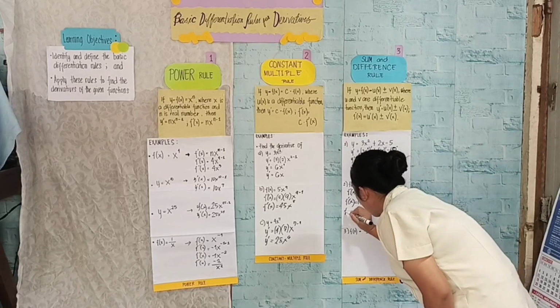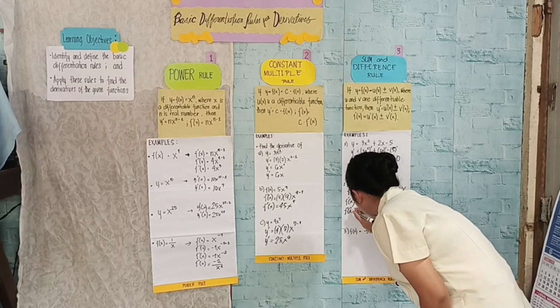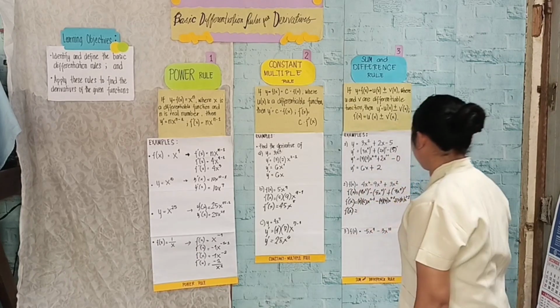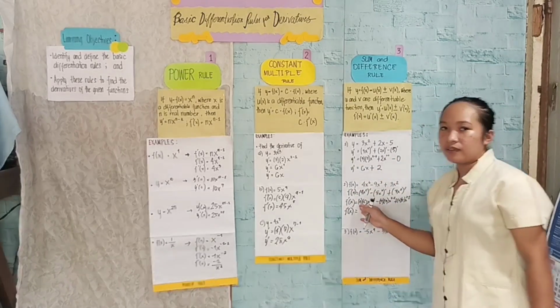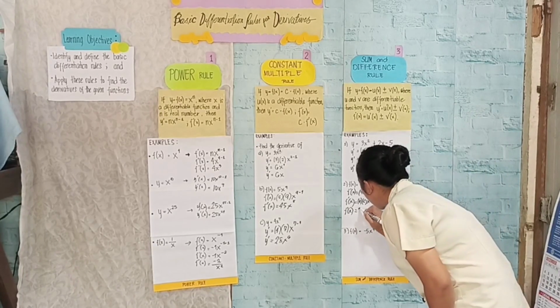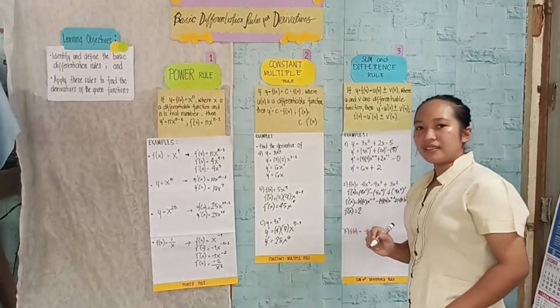So let us now have our final answer. f prime of x is equal to 4 times 6. It is 24. Am I right, class?